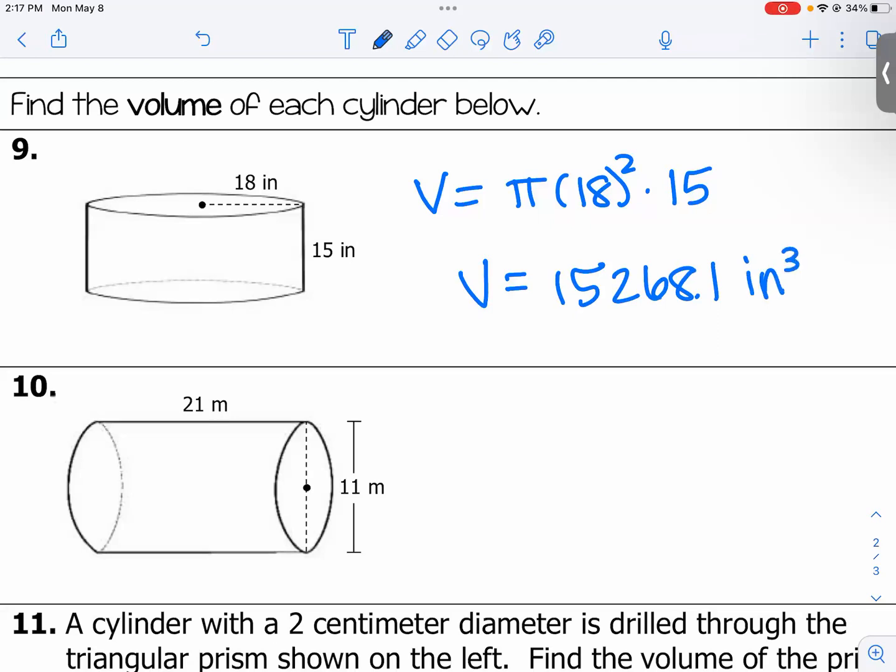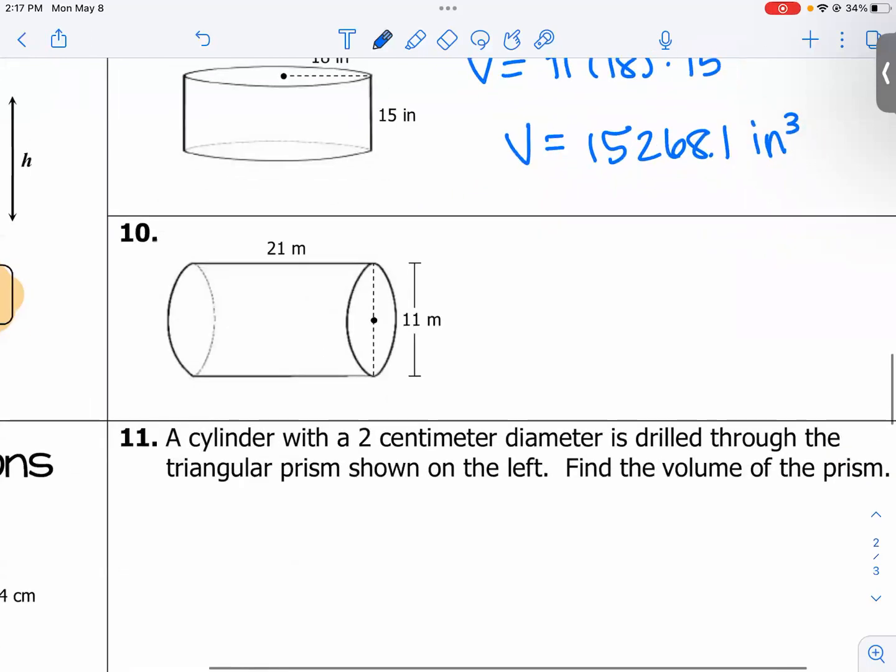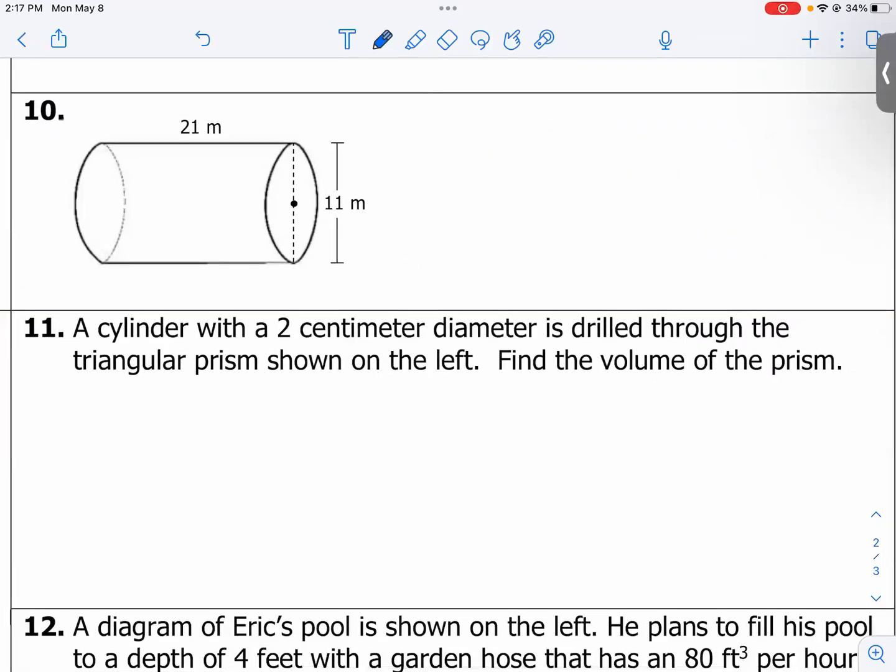Stella, what's our answer? You think it is? Good. We're not going to do number 10, but what is the one thing we have to do before we do number 10?